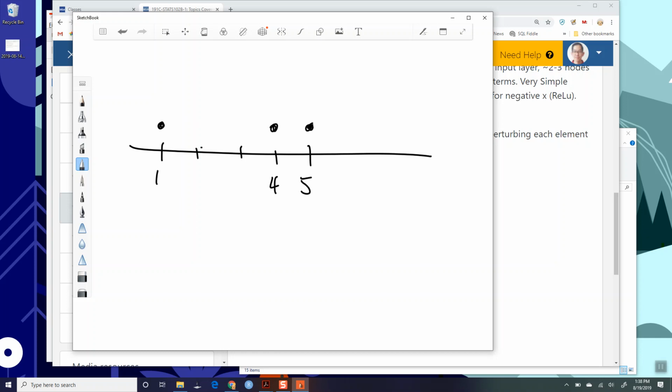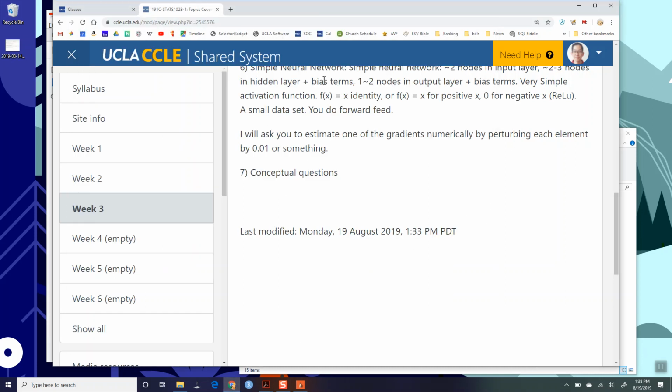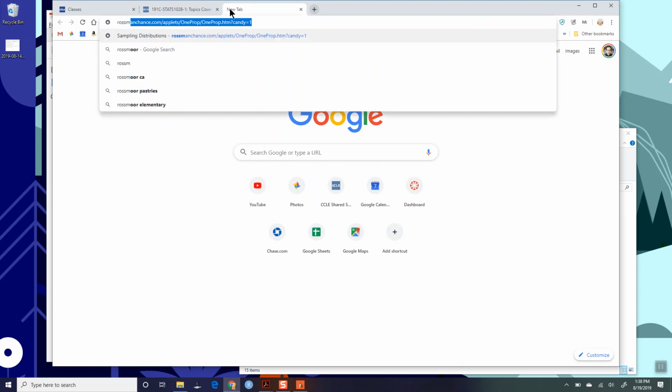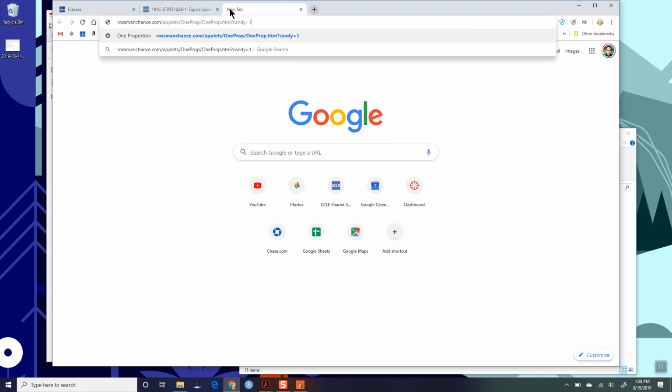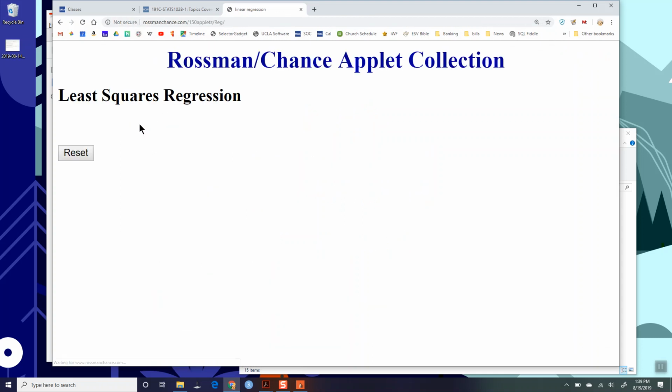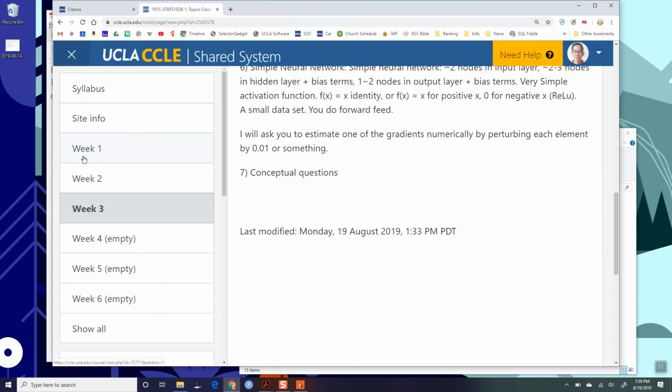Okay, so the mean is what, 3.33? And then the median is... okay, this is not the best thing. I'll have to figure it out later.